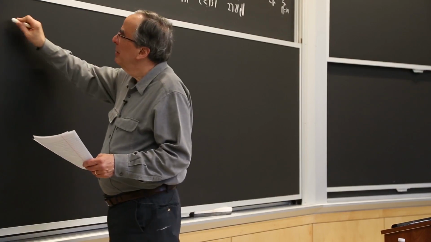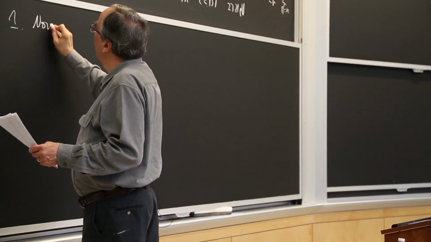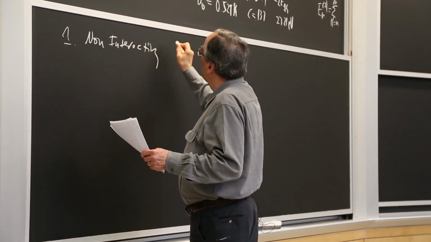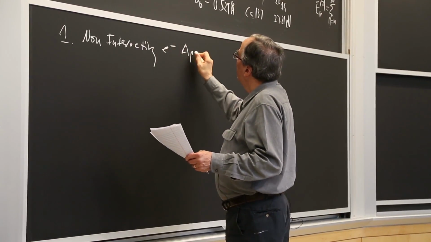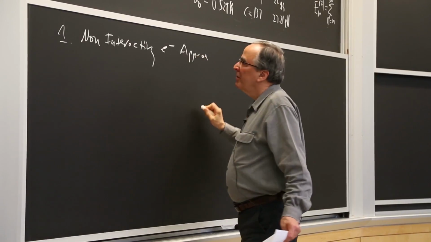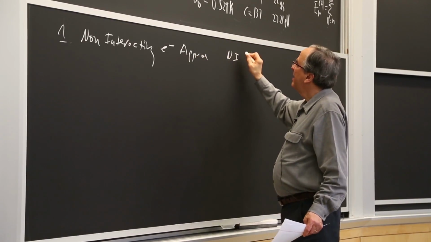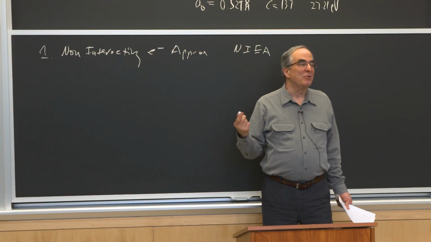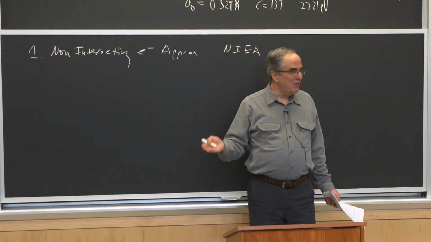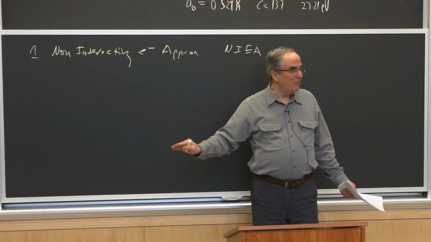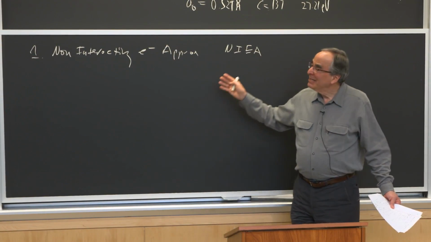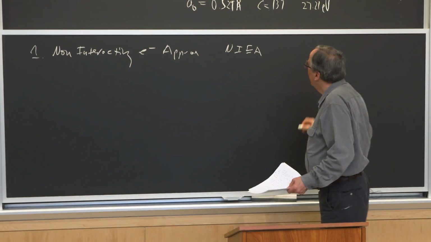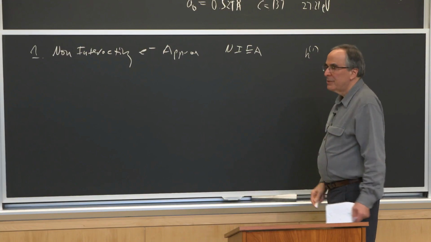Okay, so let's start with a non-interacting electron approximation. And in the notes, it's represented by these letters. I don't know whether this is Troy notation or widely adopted in quantum chemical circles, but it's easier to write this than that. And that just means we're going to ignore this.